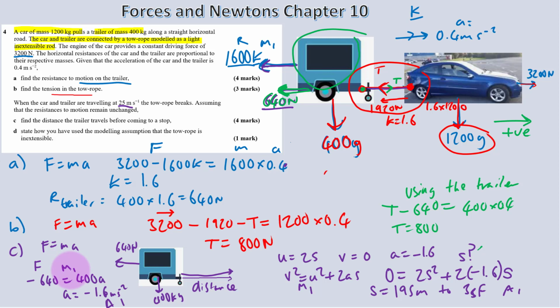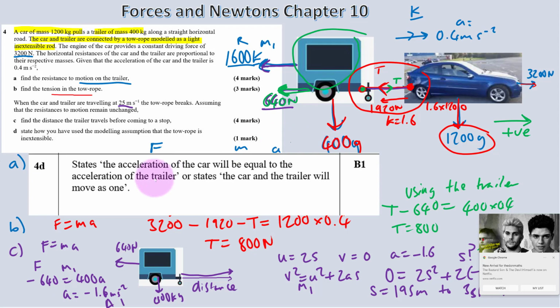Now 4D, state how you can use the modelling assumption that the tow rope is inextensible. I'm just going to show you the answer for this. The acceleration of the car will be equal to the acceleration of the trailer, because it's moving as one body connected, since it's inextensible.